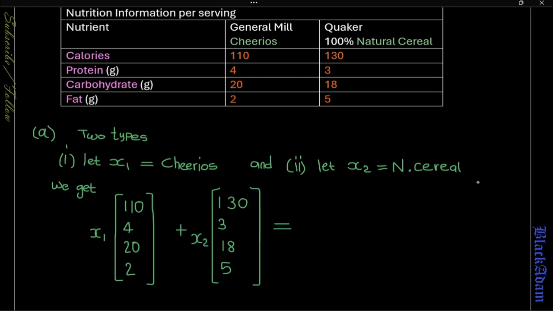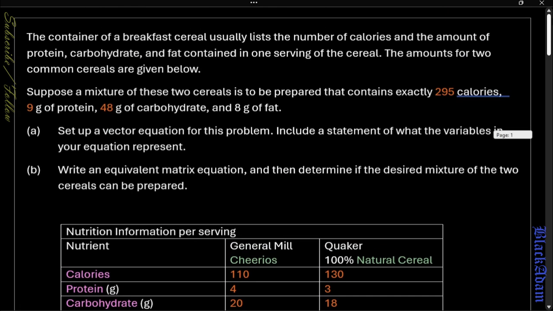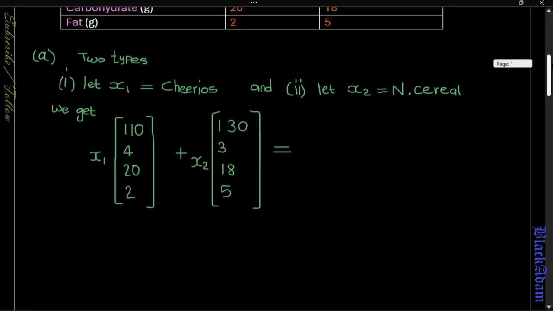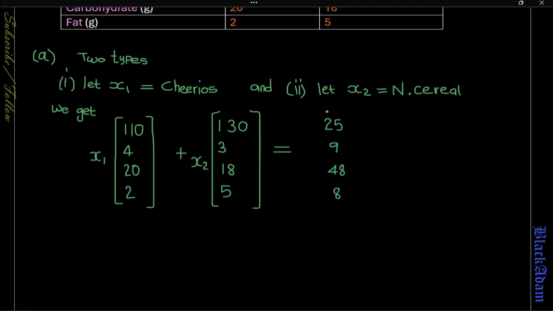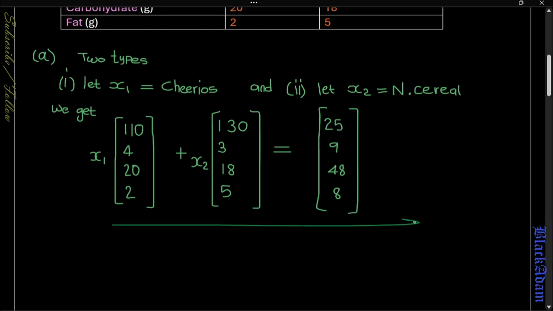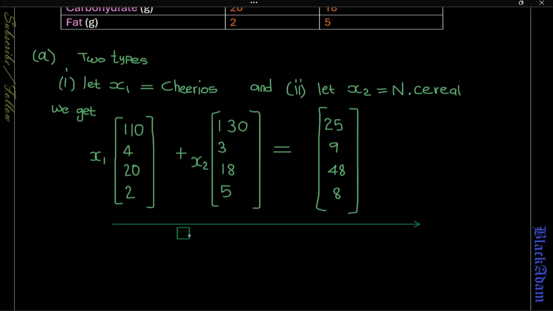And all of that, our expected serving should be 295, 9, 48, and 8. And remember it's not 25, it's 295 there. Just that's our answer.